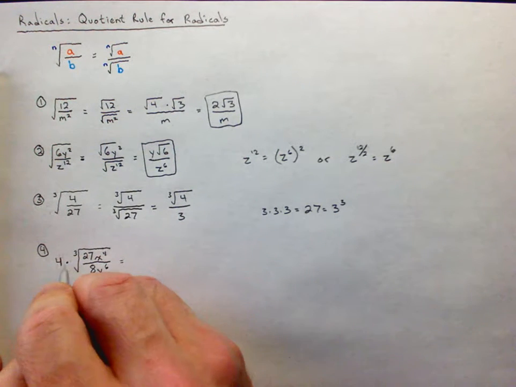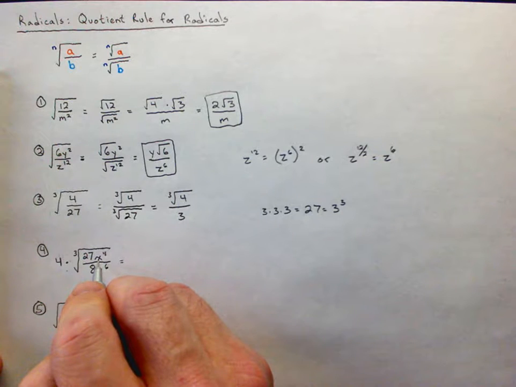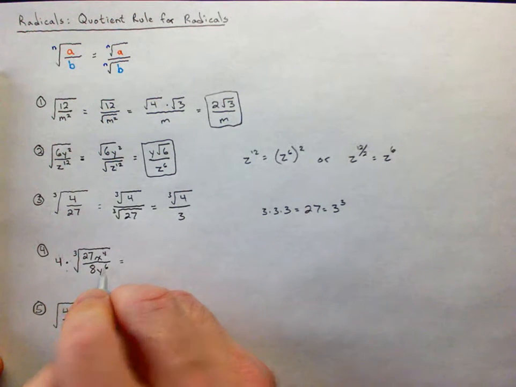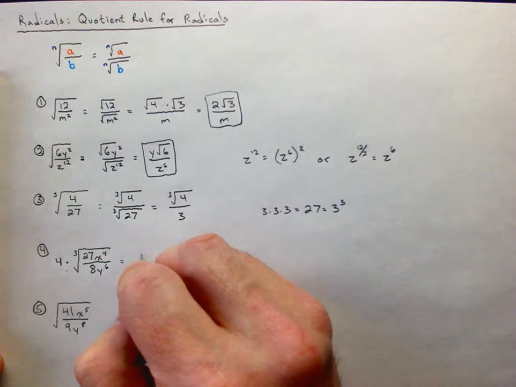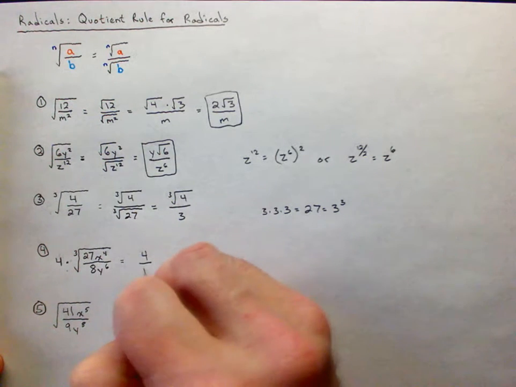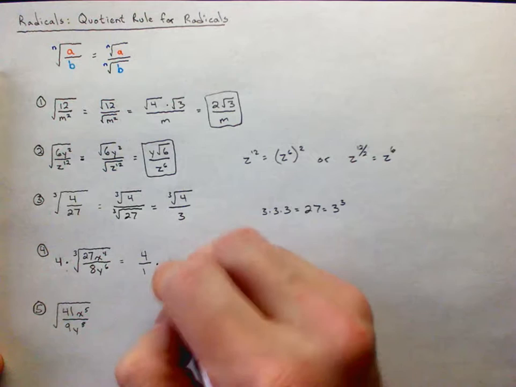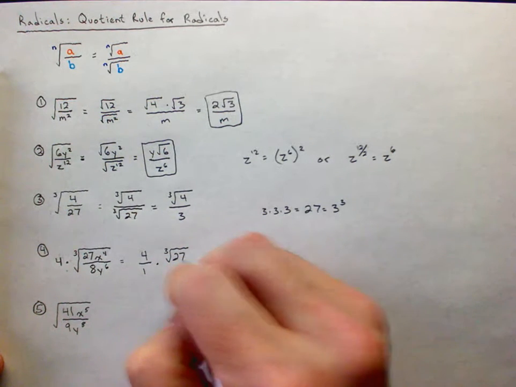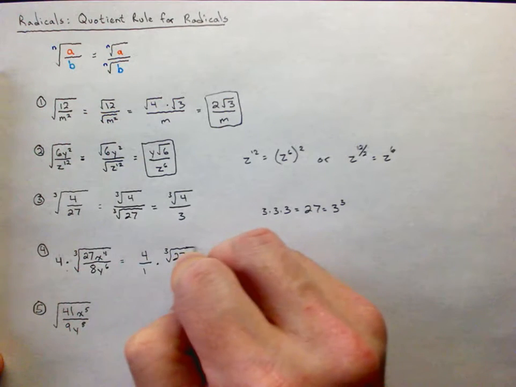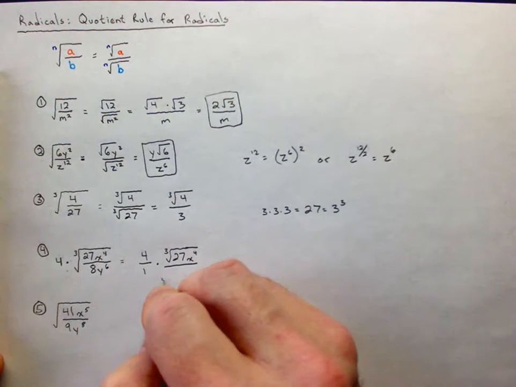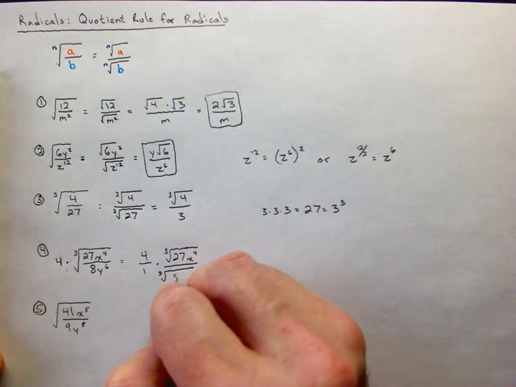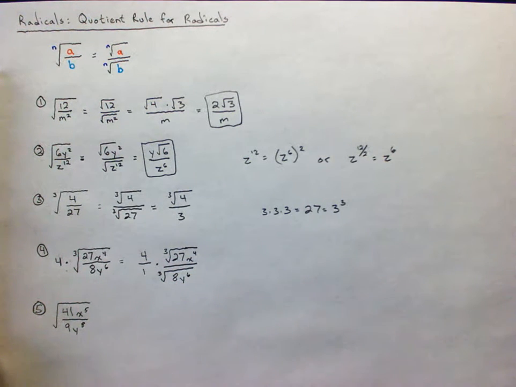Alright, I have 4 times the cube root of 27 x to the 4th, all of that over 8 y to the 6th. So I can rewrite that 4 like this: 4 over 1 times the cube root of 27 x to the 4th over the cube root of 8y to the 6th.